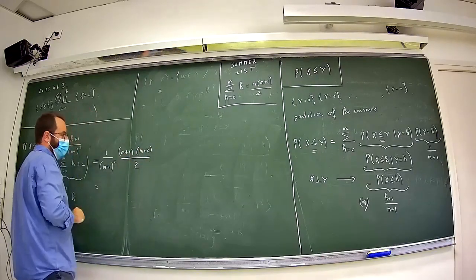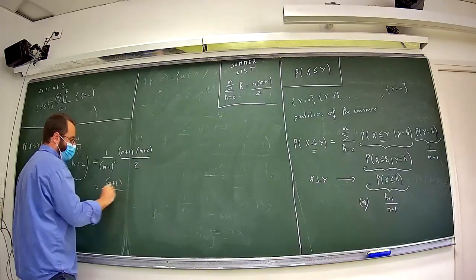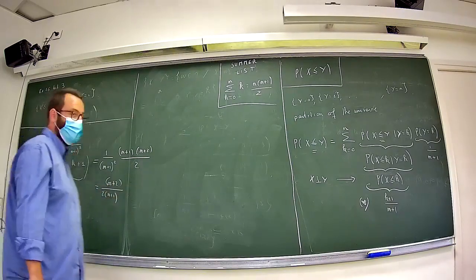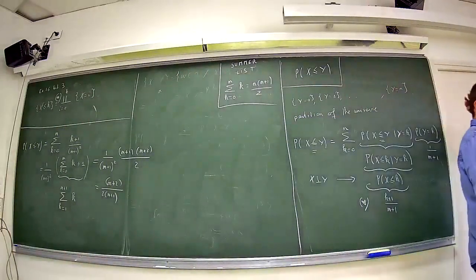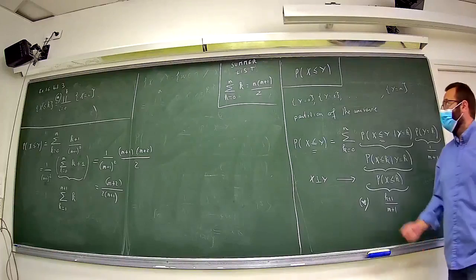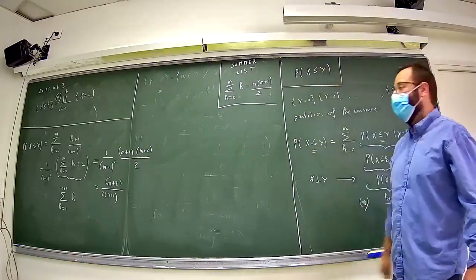That may be simplified as n plus 2 over 2 times n plus 1. Okay? So this is the probability that a uniform on the set 0 to n is less than another uniform that is independent. Okay?